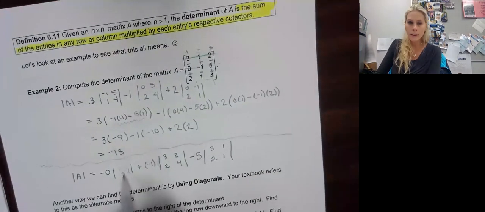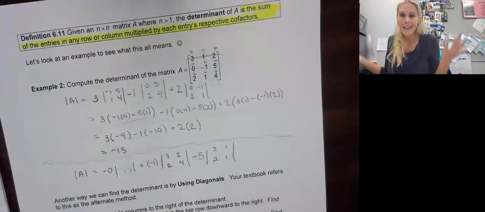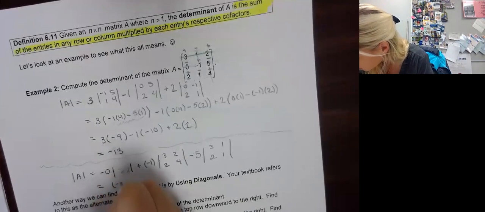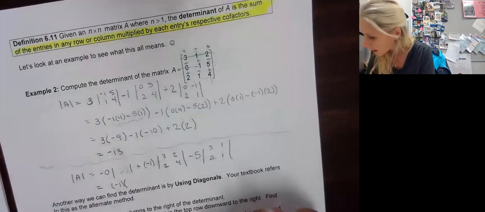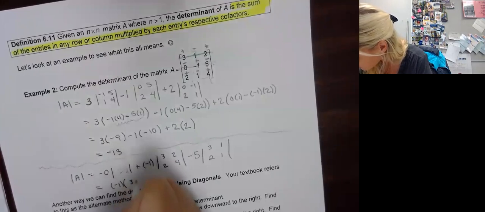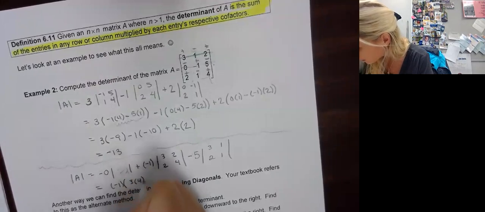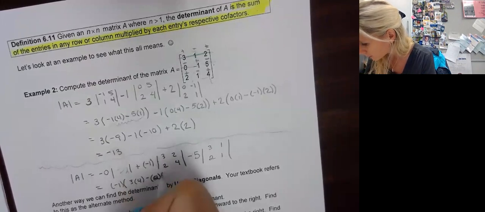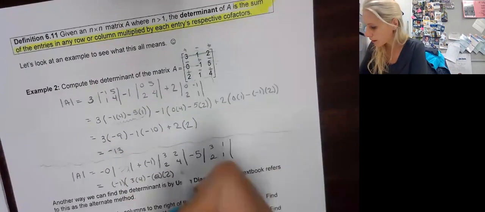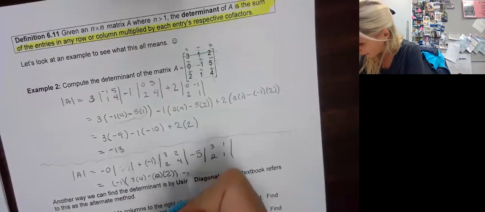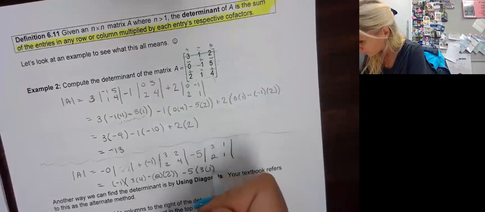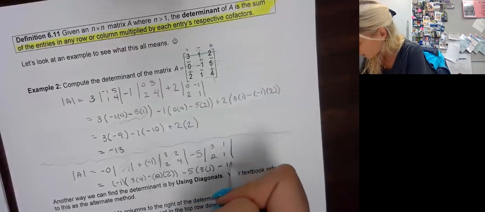The only reason I didn't fill this out, guys, is because anything times 0 is 0, so I'm going to ignore that right now. I have this -1 times A times D minus B times C. Sorry, my 2 looked weird there. Minus 5 times 3 times 1 minus 1 times 2.